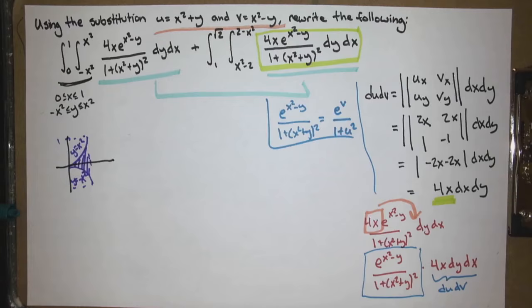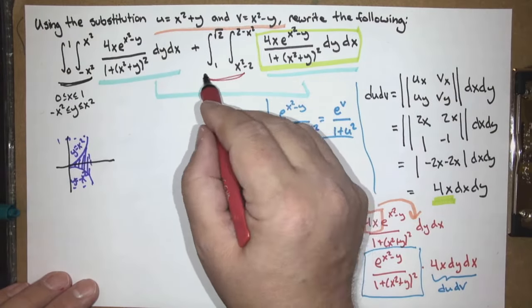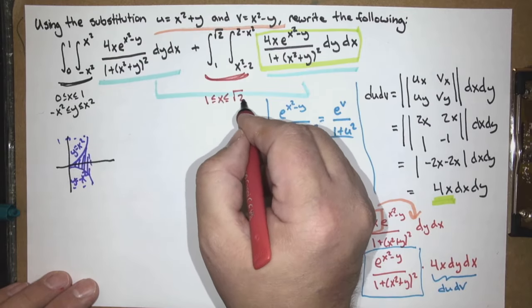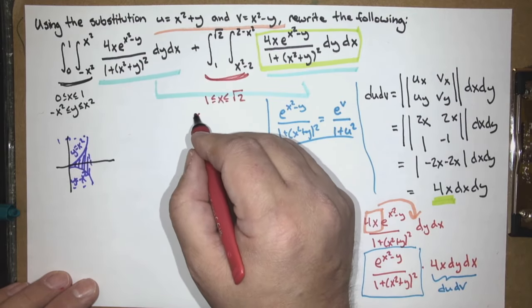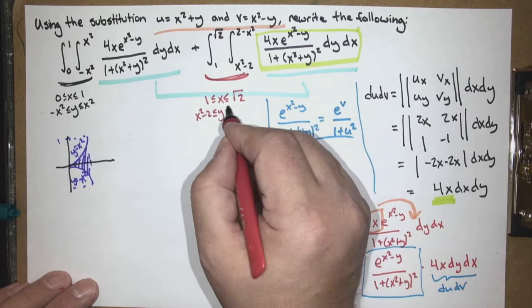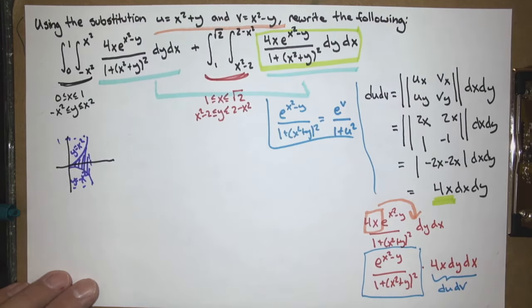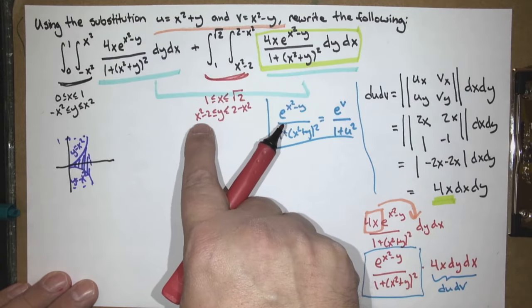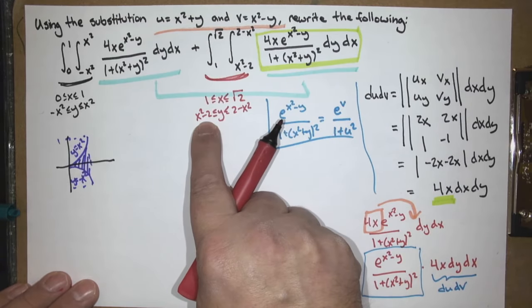Then we say, aha, in the next piece, we're going 1 up to root 2 for x, and x squared minus 2 less than or equal to y, less than or equal to 2 minus x squared. Now, I don't have to draw much. I just think about what happens at 1 and root 2. So when I plug in 1 into x squared minus 2, where am I at?